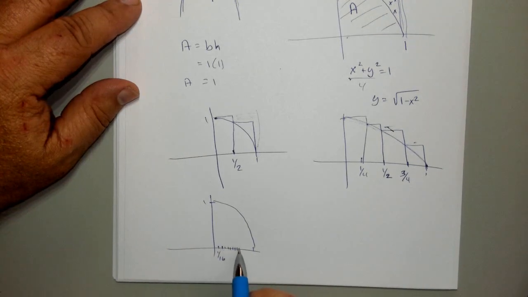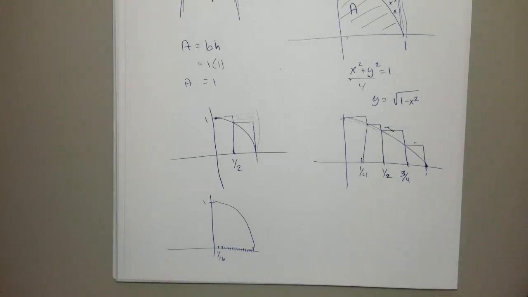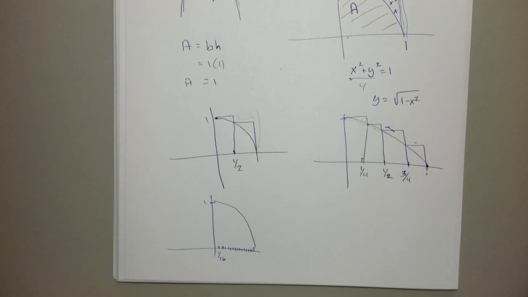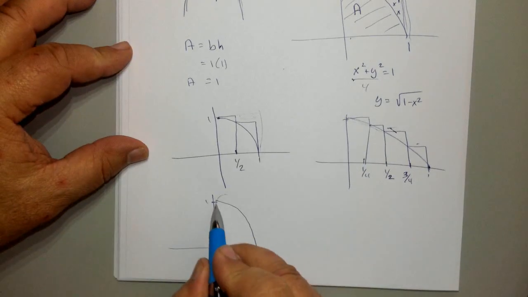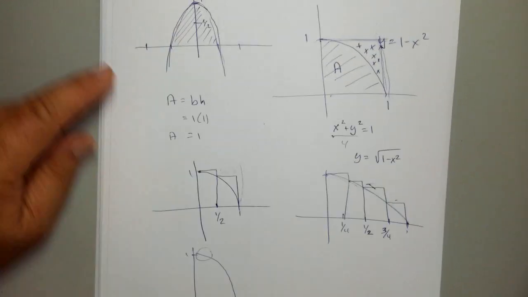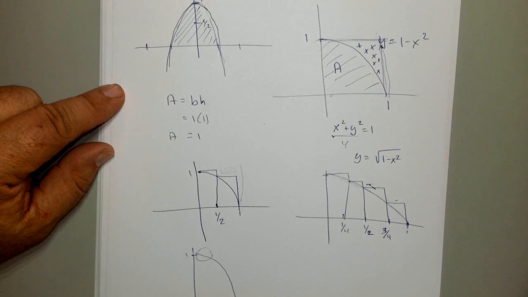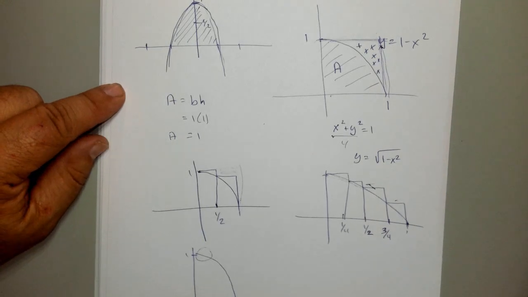So you have 15 little boxes in here. Wouldn't that be more accurate? Yes, but it'd still be over, because if you zoomed in on this thing, you're looking at this again. So is there another way we could do it?